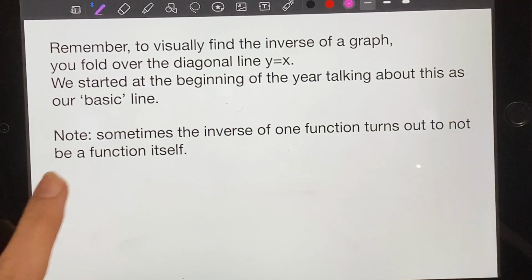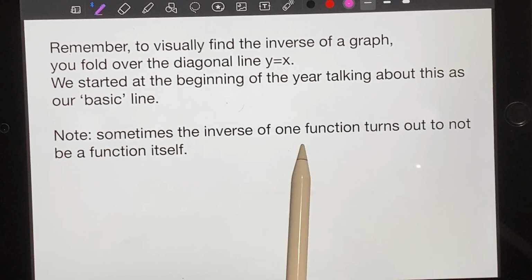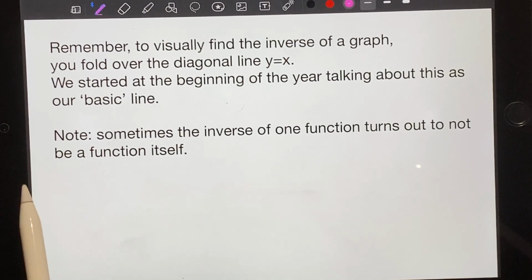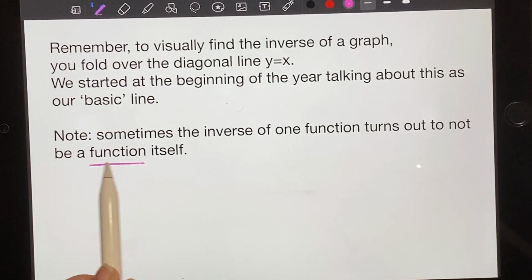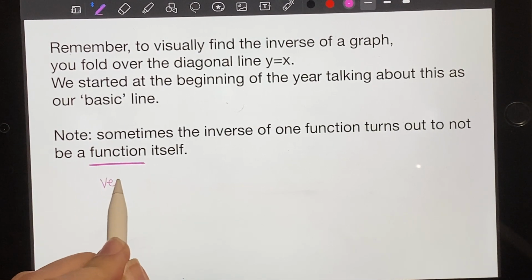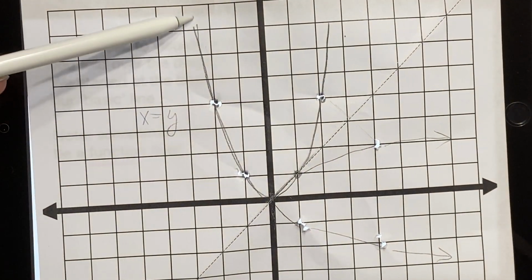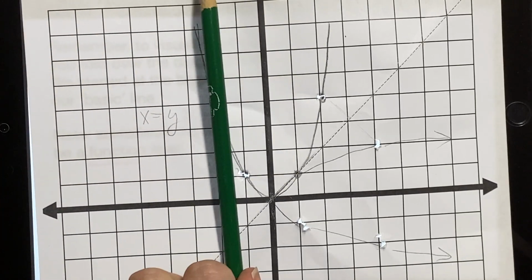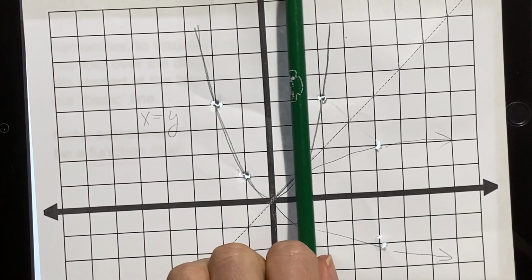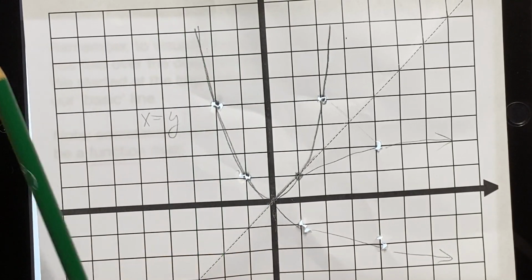Now, something that's important to note is that sometimes the inverse of one function turns out to not be a function itself. And remember that the definition of a function means it has to pass that vertical line test. So let's look at this parabola that we have. Our first parabola is a function. If I take a vertical line, I can slice it anywhere along here, and it's only going to hit in one place.